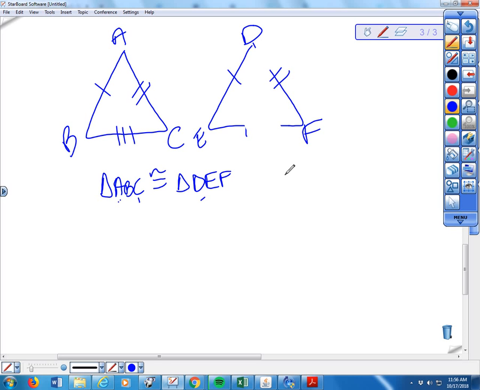The next one is the side angle side theorem.